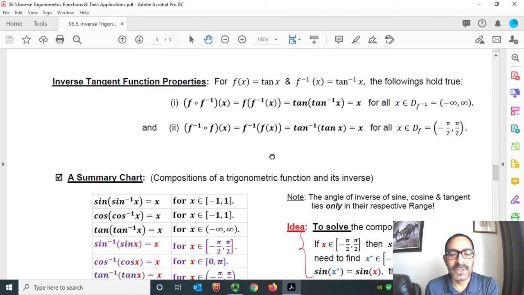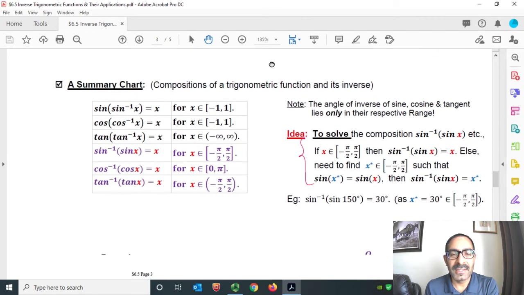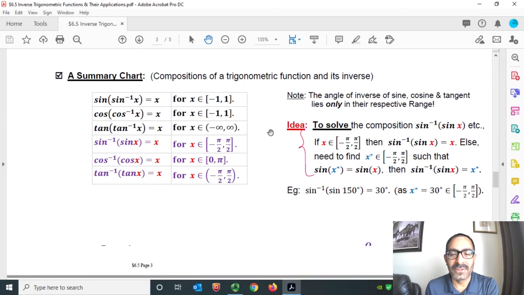Now let me summarize. Summary chart: composition of a trigonometric function and its inverse. We just discussed those earlier. Now let me talk about the note. The angle of the inverse of sine, cosine and tangent functions lies only in their respective ranges.